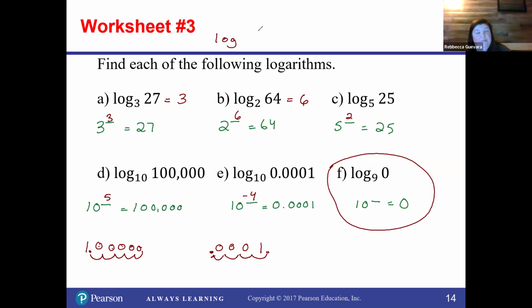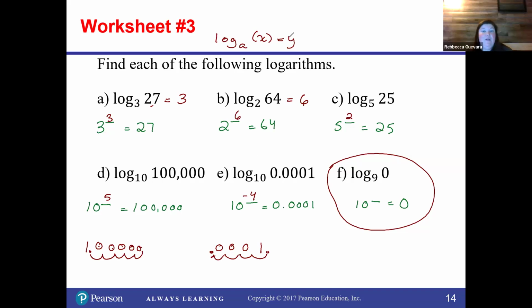Every time, it doesn't matter what that power was, the number inside always had to be something positive.